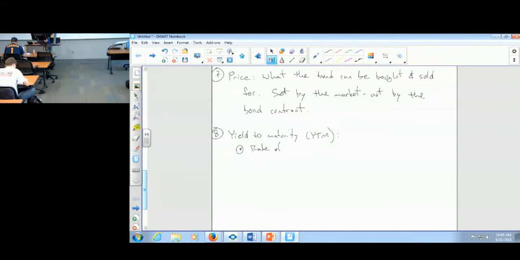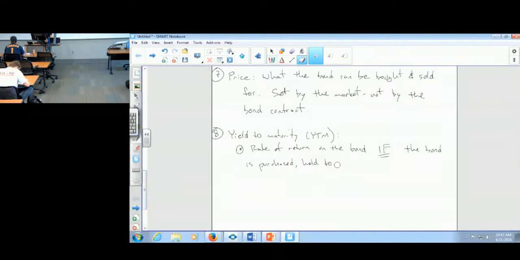This is the rate of return on the bond if, and that's a big if, the bond is purchased, held to maturity, and all coupons are reinvested at the yield to maturity.